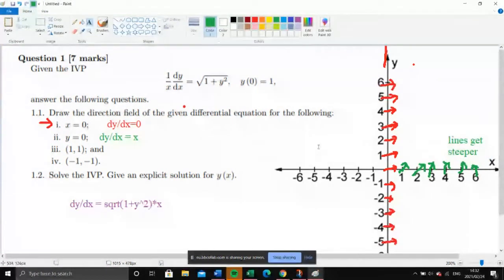All right, and if I go along the negative x-axis, the same thing happens, but instead my lines are going to be pointing downwards. So we're going to be getting steeper and steeper and steeper like that.